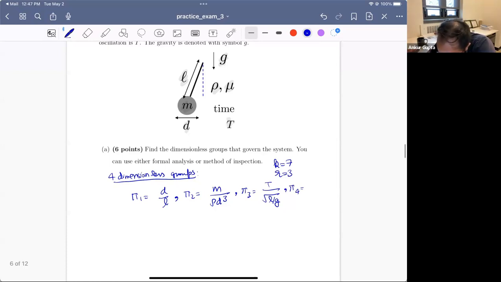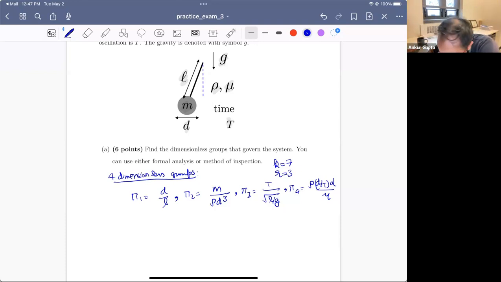It should be rho, and I don't have velocity, but I can make velocity using d by time, and then d by mu. I believe I have used all the variables. So this is just the method of inspection. This is my style of doing this, and hopefully you're also learning how one can think about it more broadly. These are the dimensionless groups from the method of inspection.